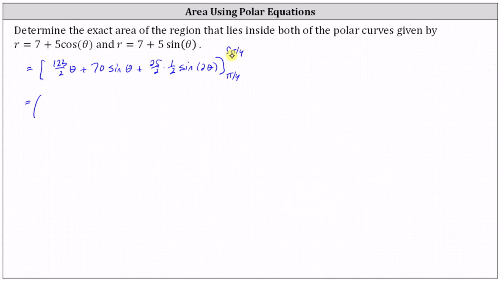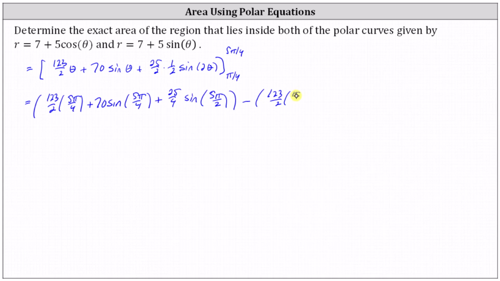Subbing in 5 pi divided by 4 for theta, we have 123 halves times 5 pi divided by 4 plus 70 sine 5 pi divided by 4 plus this is 25 fourths times the sine of 2 times 5 pi divided by 4, which is 10 pi divided by 4, or 5 pi divided by 2, and then minus big F of pi divided by 4, which is 123 divided by 2 times pi divided by 4, plus 70 sine pi divided by 4, plus 25 fourths times the sine of 2 times pi divided by 4, which is pi divided by 2.